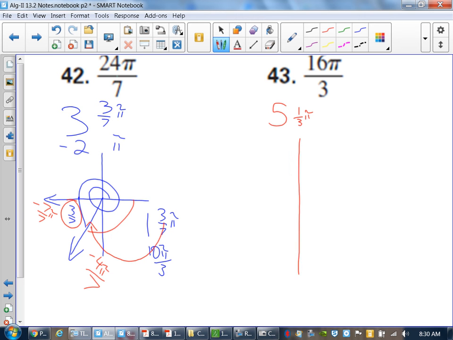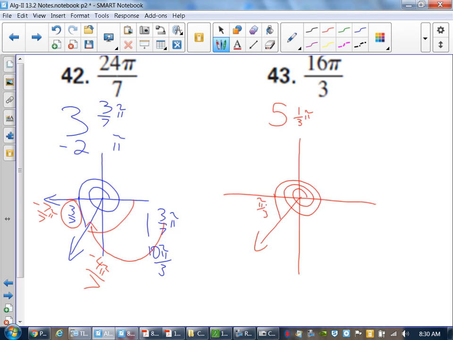So if I spin 1 little, 2 little, 3 little pi's, 4 little, 5 little pi's, and now I have to move off that x-axis 1/3 pi over 3. I move down pi over 3.